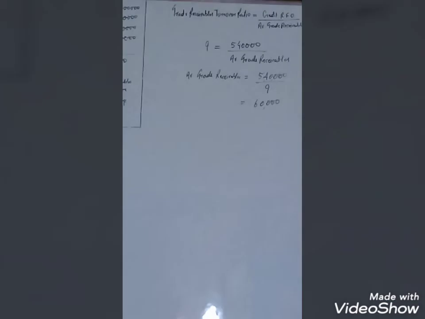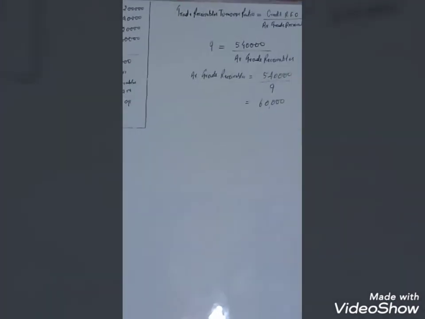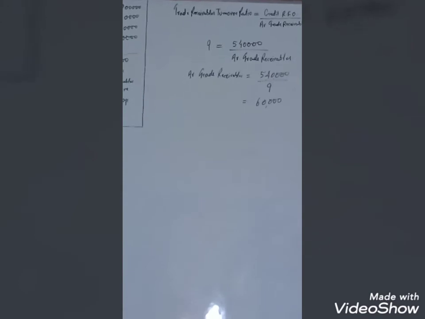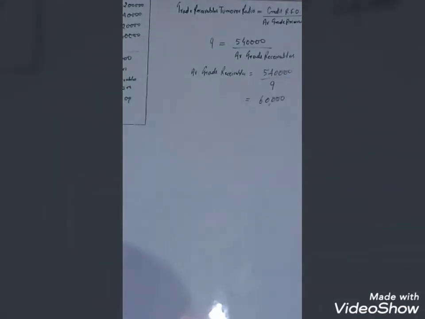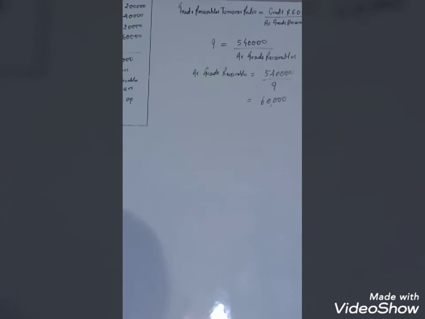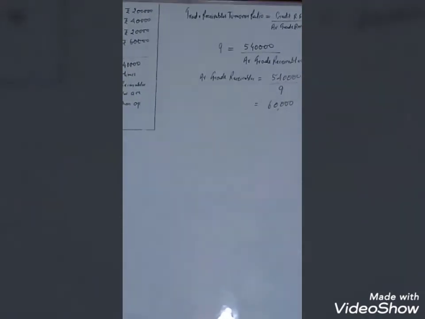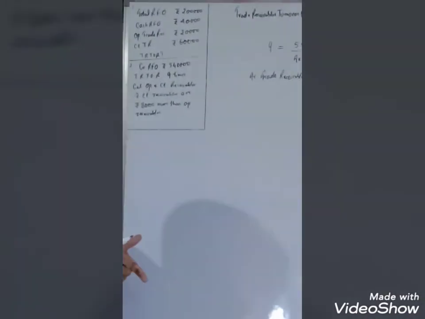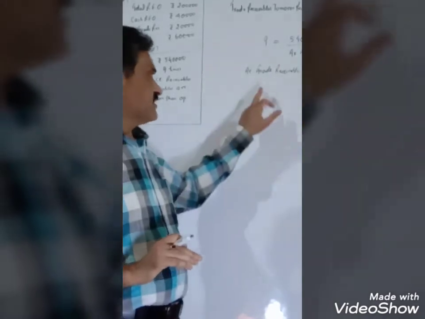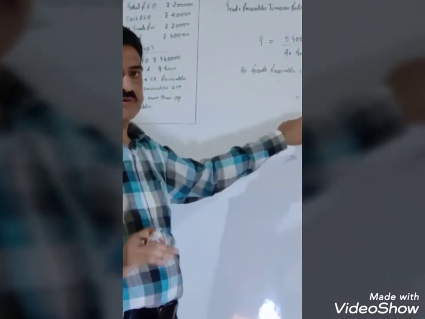Now we have to calculate opening and closing receivables. For that, we have to take the average trade receivables into consideration, which we calculated to be 60,000.